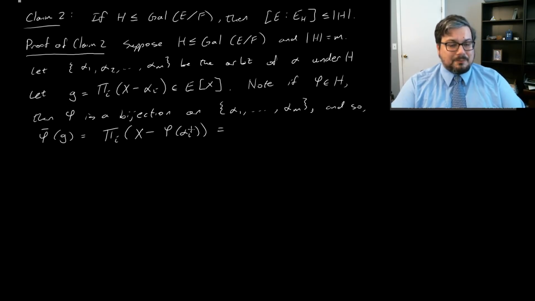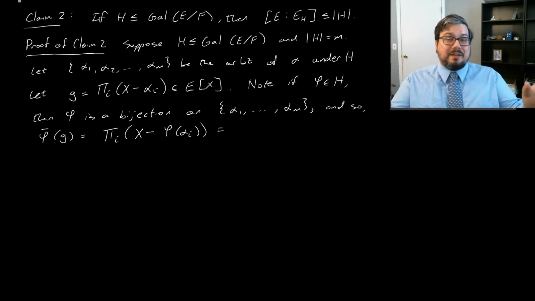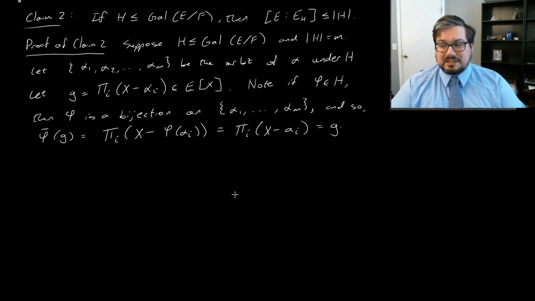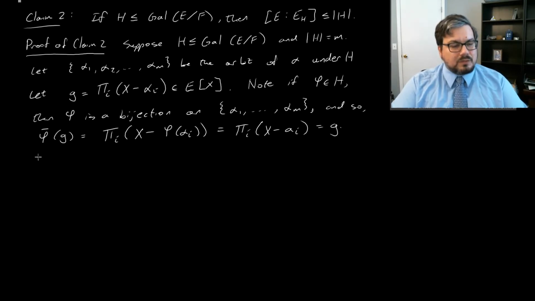And so, in fact, what this phi is doing is just rearranging all the factors in this polynomial. And we're just going to get exactly the same polynomial back, which just gives us G. So that means that phi fixes the coefficients of G.